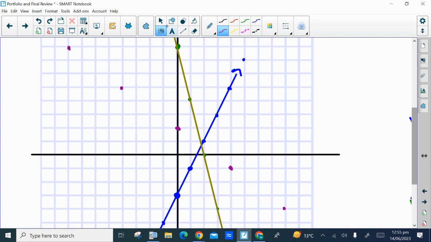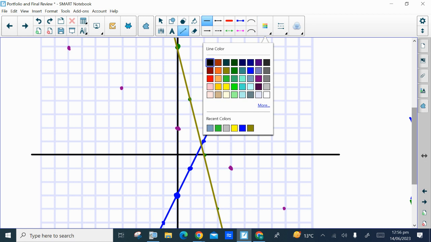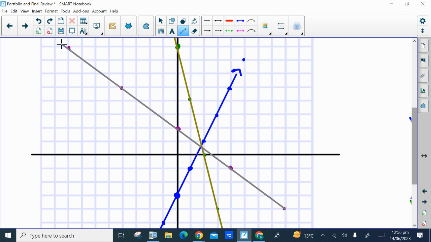Both of those work. So we can draw our line now. And we always have arrows on the ends because a line follows that same direction forever.